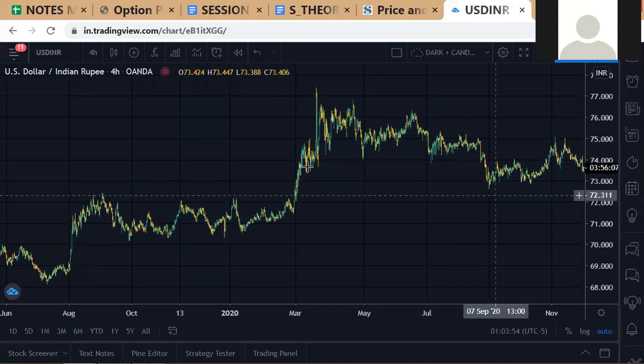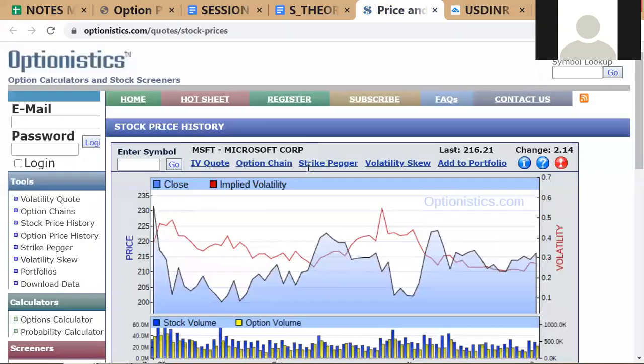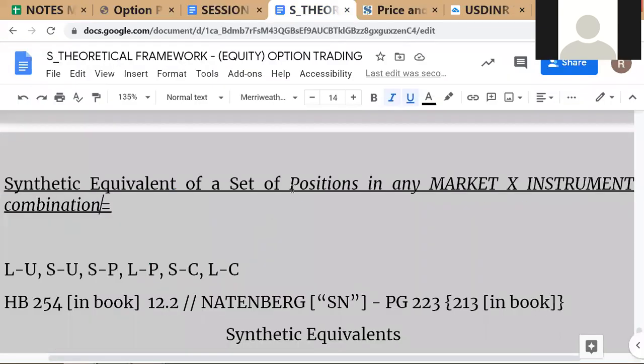So for any market, the positions can either be long or short, and they will be in some market.